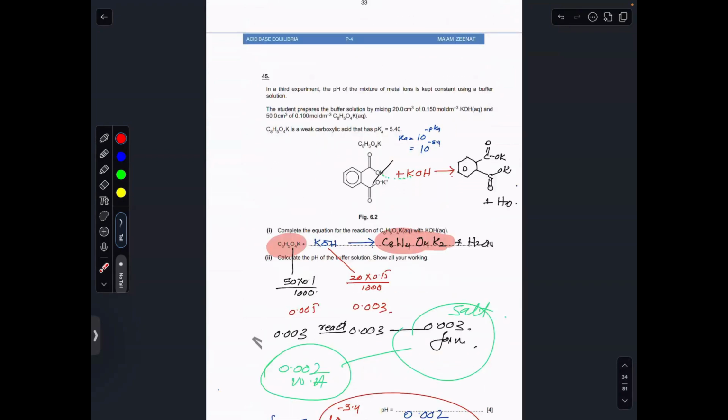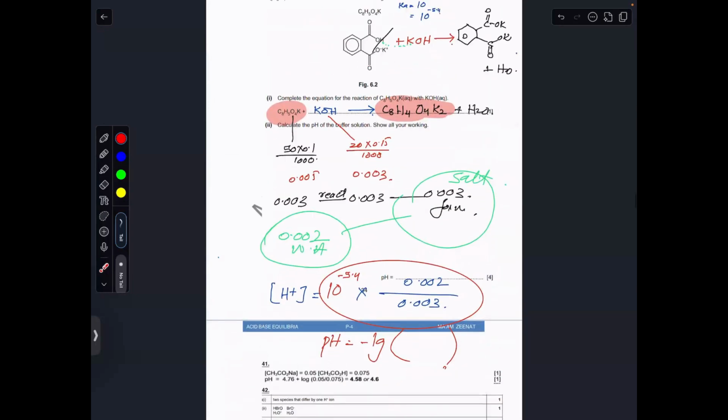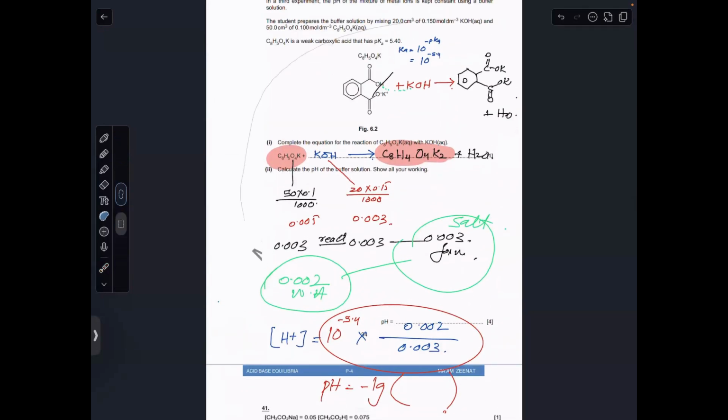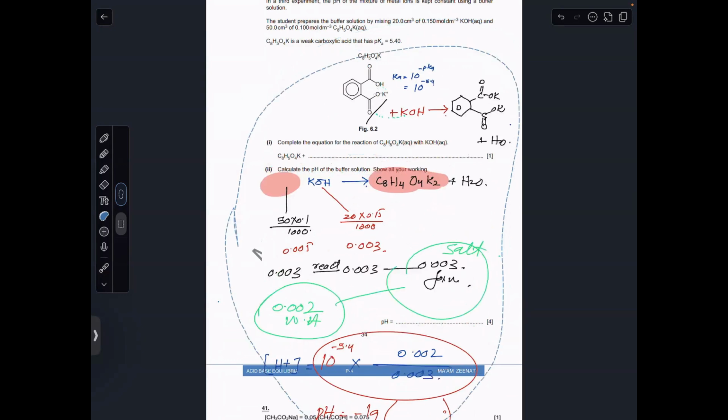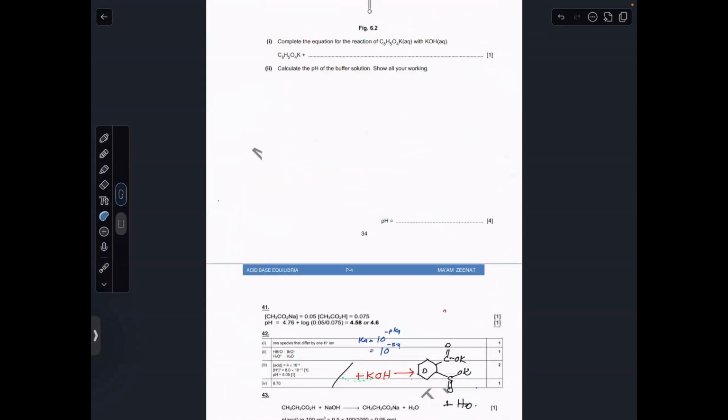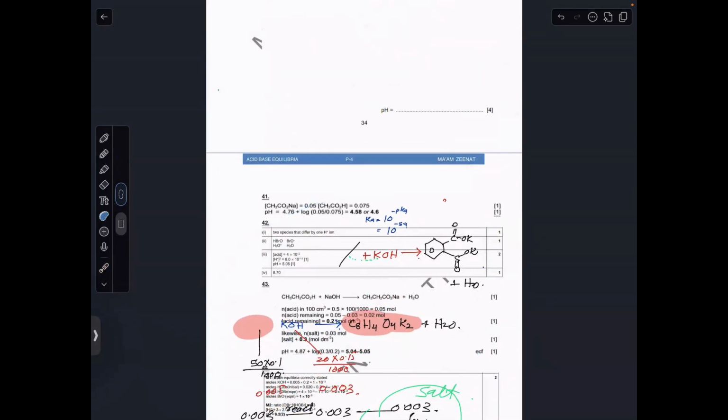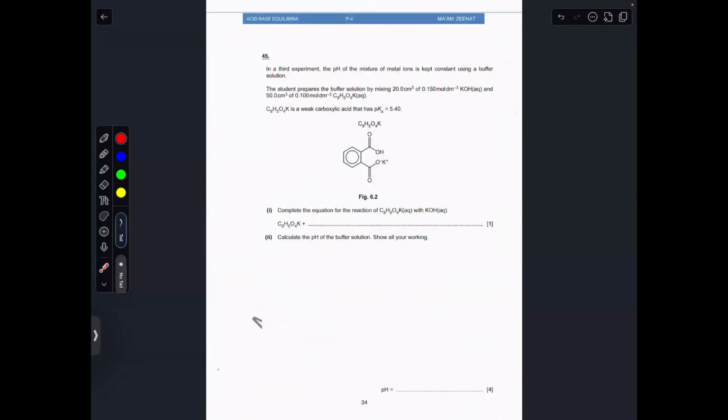I have these answers and I want to do this a bit quickly, so for values I will come here. Look. In a third experiment, the pH of the mixture of metal ion is kept constant using a buffer solution. The student prepares the buffer solution by mixing 20 of 0.15 KOH with 50 of 0.1 mole per dm cube of this thing.